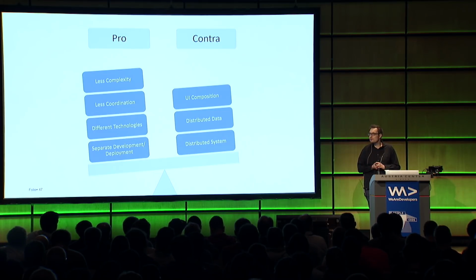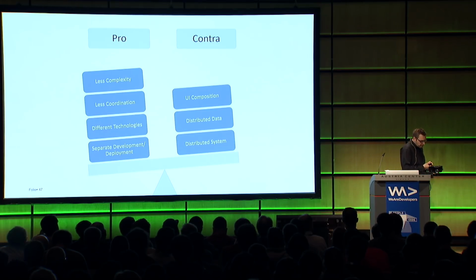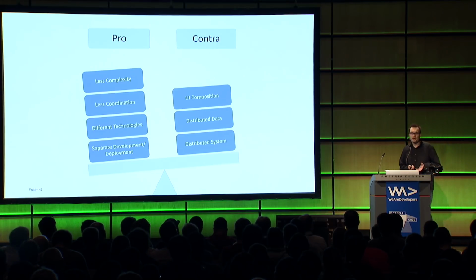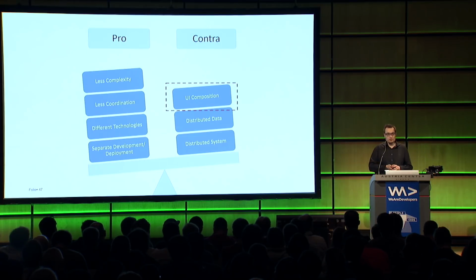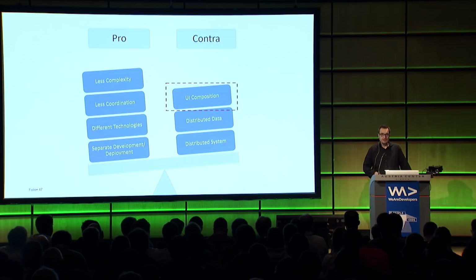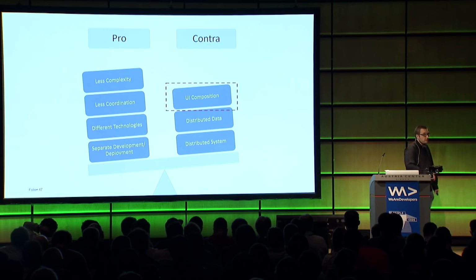It is a cool thing for us to have microservices, but the customer isn't interested in starting 70 applications in the morning. That would be a bit overwhelming, and so we need to concentrate on UI composition in the front end. The other disadvantages can be solved in the back end.